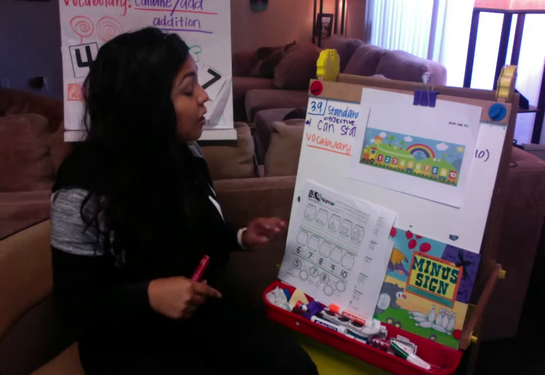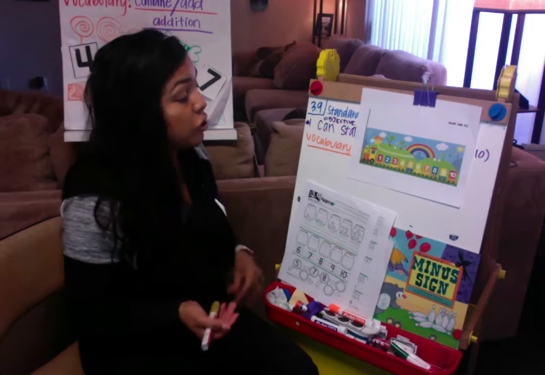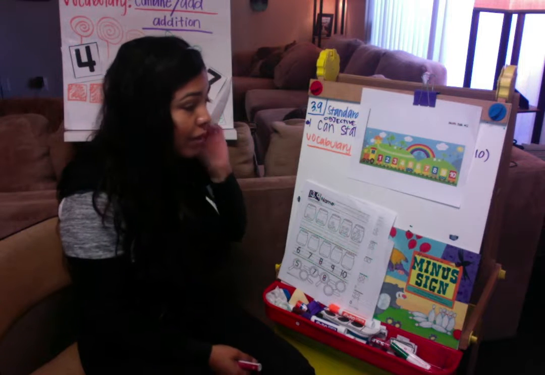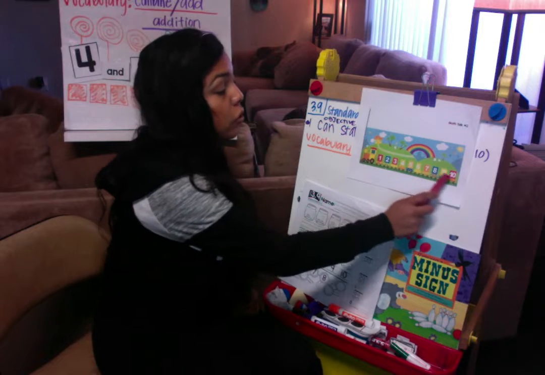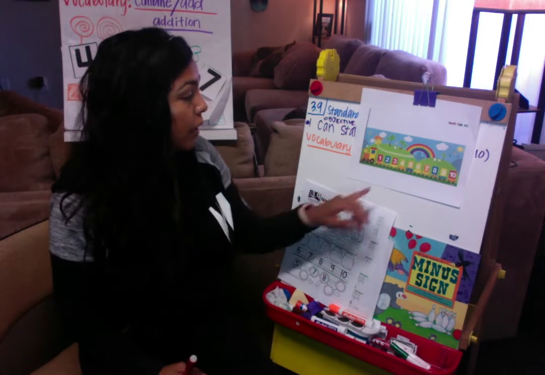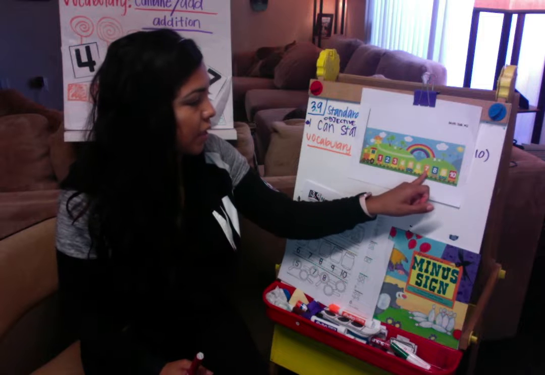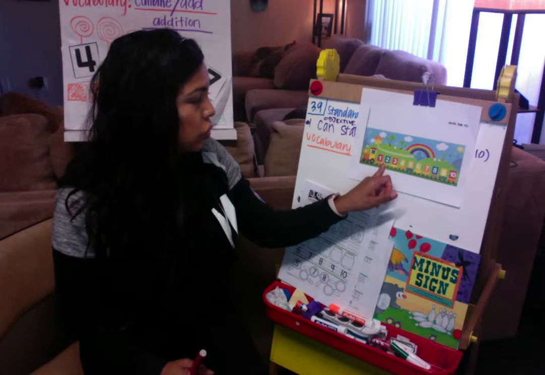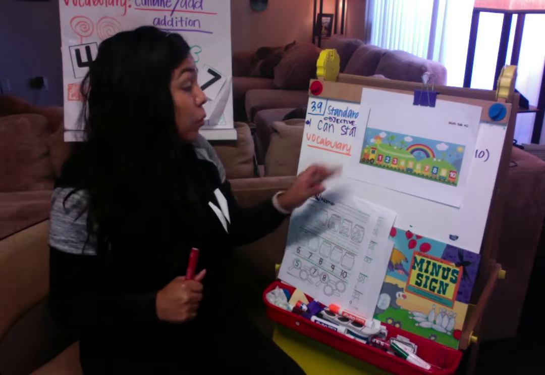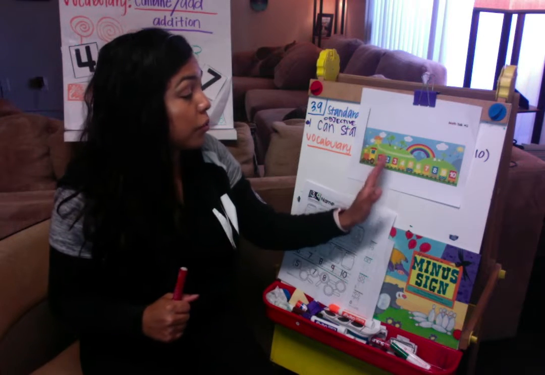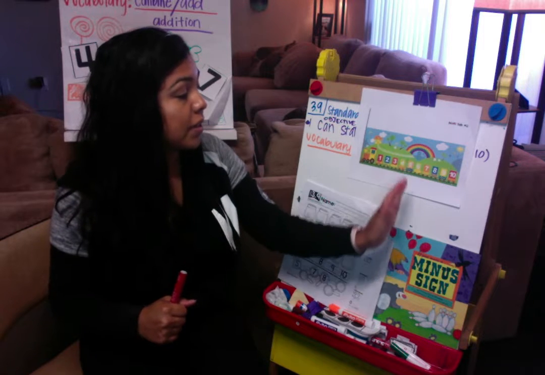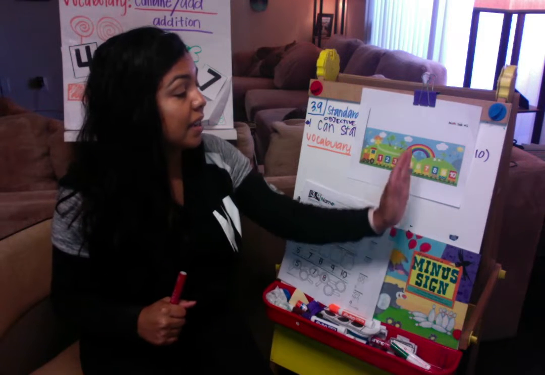Now, boys and girls, as we are going down the choo-choo train, we notice that all the numbers are going in order. In order means that we're not going 1, 7, 2, 4, and 10. We're counting in order, meaning 1, 2, 3, 4, 5, 6, 7, 8, 9, and 10.